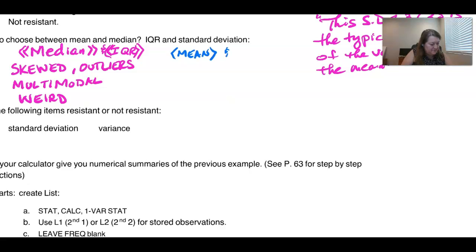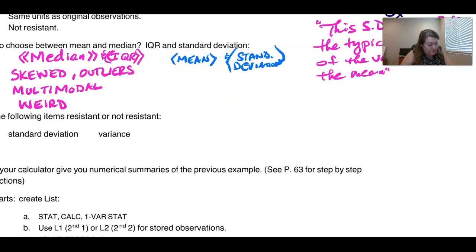standard deviation. Okay, so when do we use mean and standard deviation? Well, here we're going to use this when it's symmetric, when the graph looks symmetric, like foldable. Okay, and no outliers.